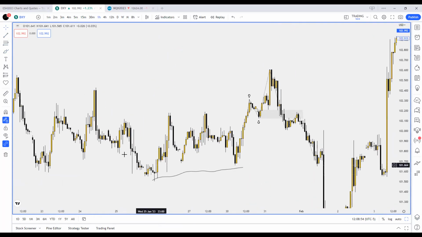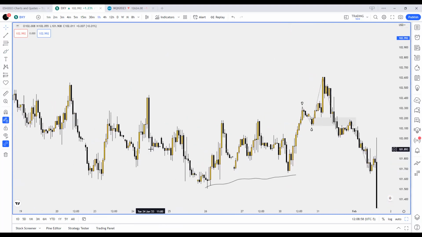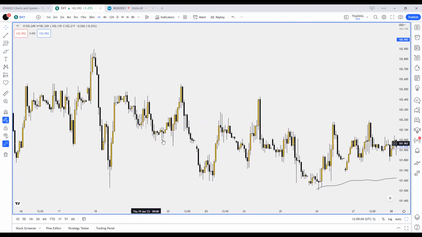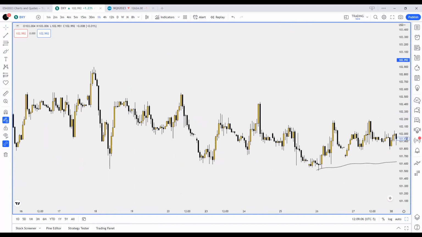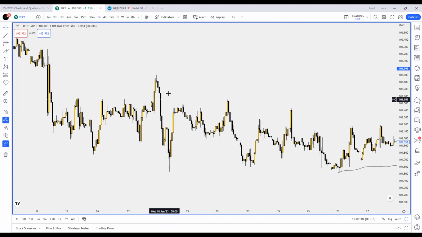Let me find another example. DXY is a little bit sloppy. I would try to see right here. Here's one.